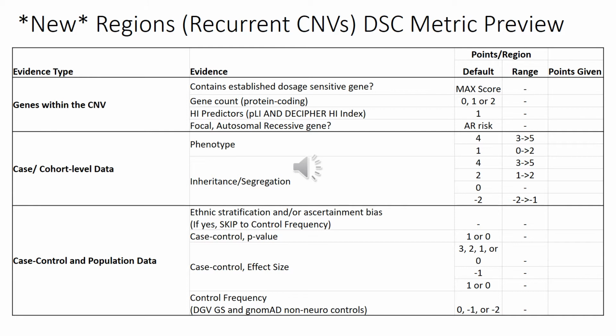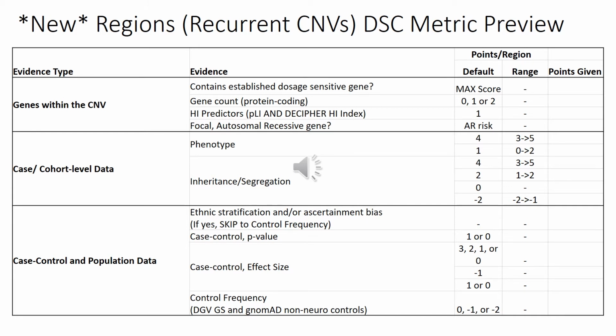So over the past 2 years, our group has been working on a metric for evidence scoring specific to recurrent CNVs. This metric is new, but evolved out of existing curation processes for genomic regions, and includes various evidence types that also reside in the clinical CNV interpretation metrics, including evaluation of evidence relating to genes within the CNV, such as gene count and HI predictors up at the top.